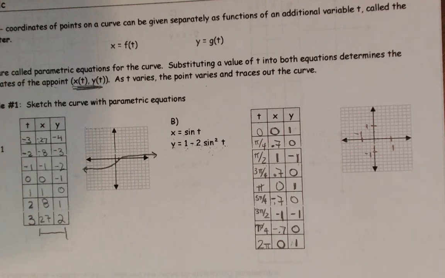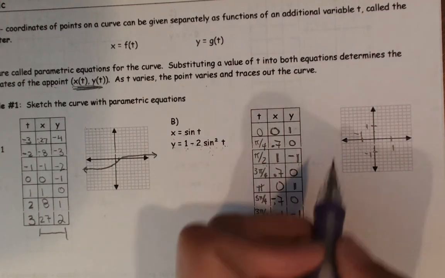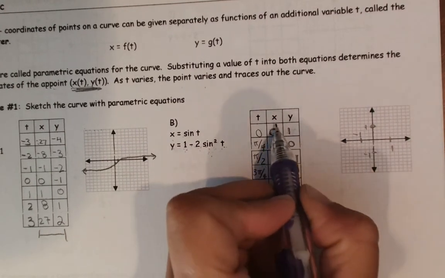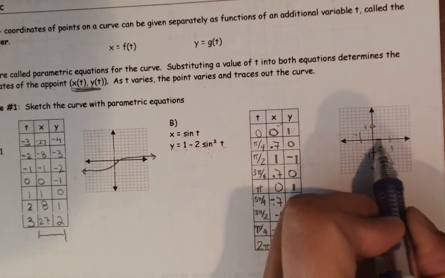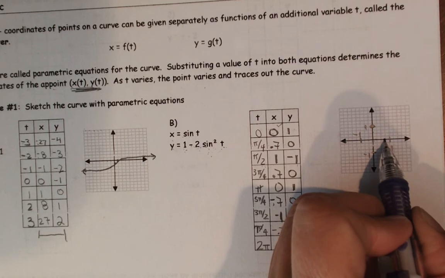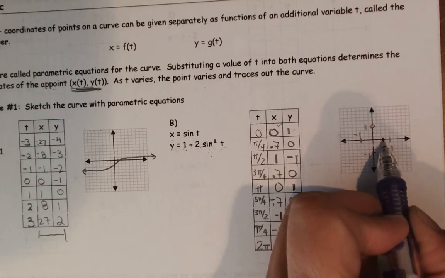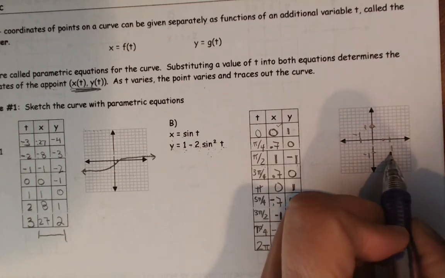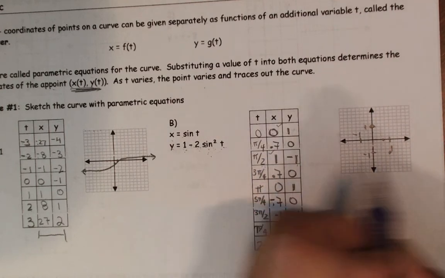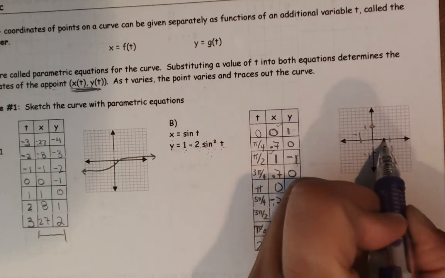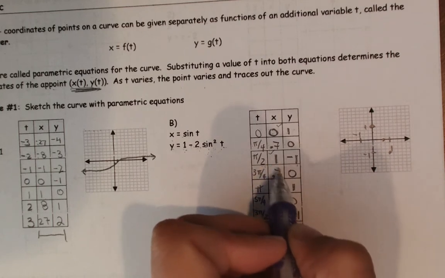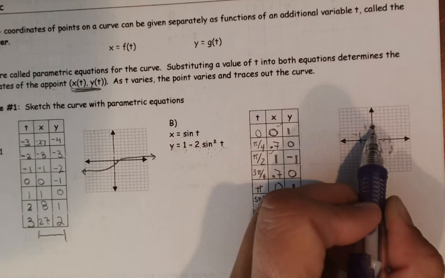Okay. So when x is 0, y is 1. When x is 0.7, y is 0. When x is 1, y is negative 1. When x is 0.7, y is 0. Oh, interesting. We're plotting right on top of ourselves again. When x is 0, y is 1.